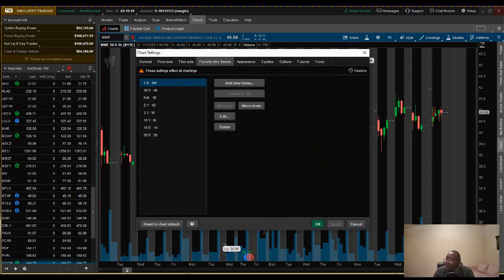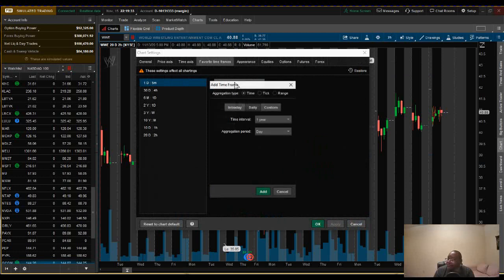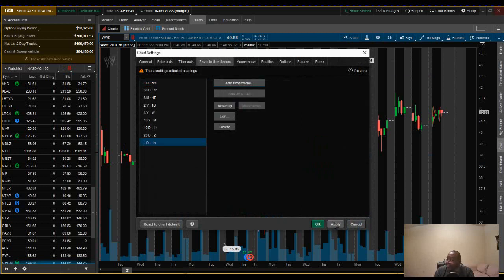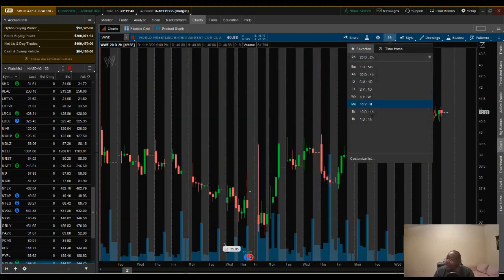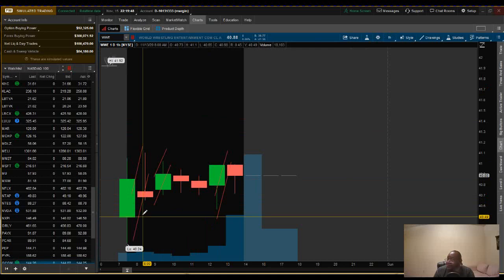I know some people that will do intraday, 1 day, 1 hour. This is another good candlestick if you're day trading. 1 day, 1 hour.